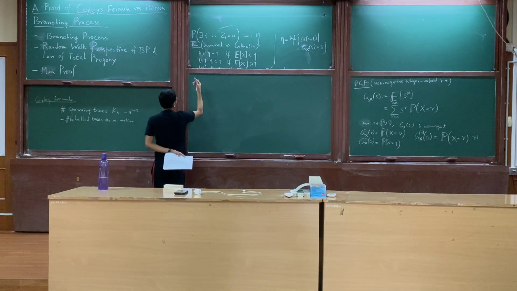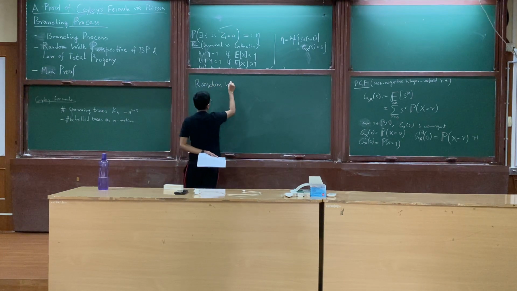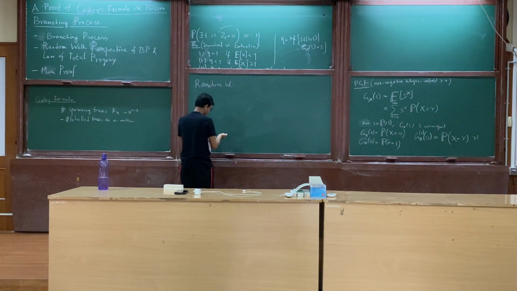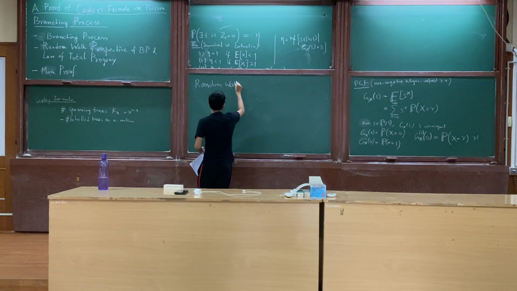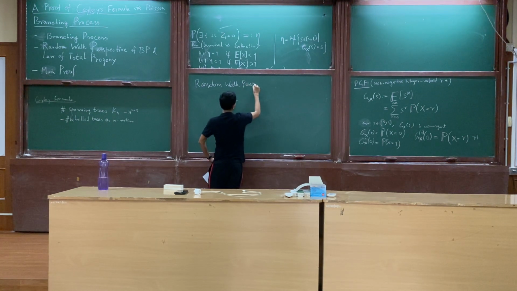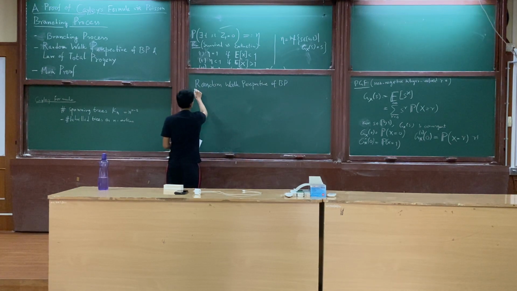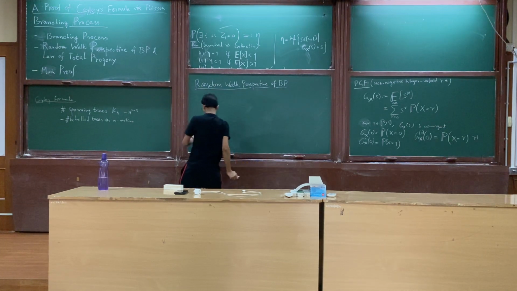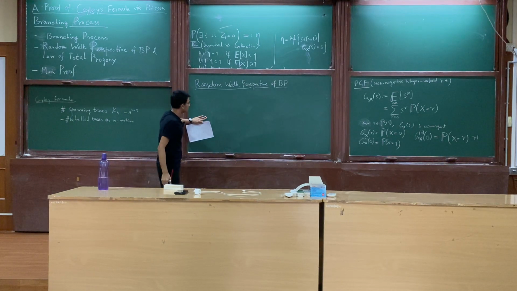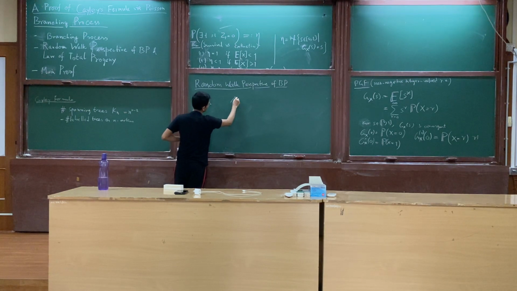Now we go into the random walk perspective of this. So what we did in the branching process, we tried to model it generation wise.